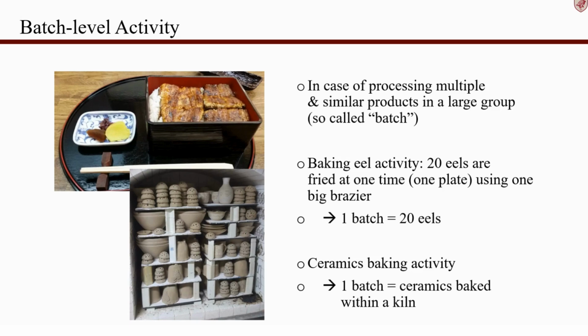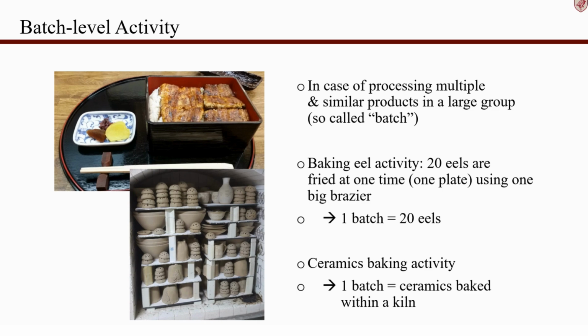So I want to briefly mention the batch level activity. Again, the batch itself means when you are lumping multiple units of products or services into one group, one chunk.